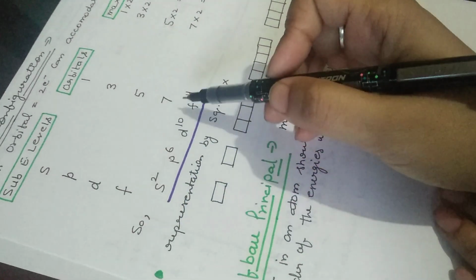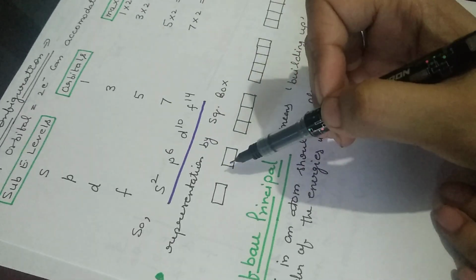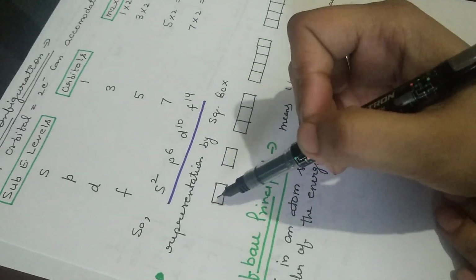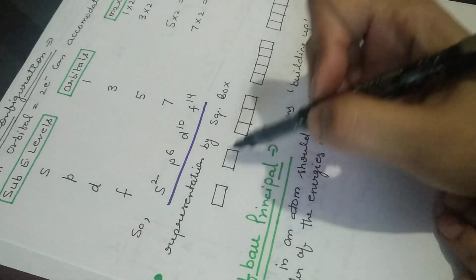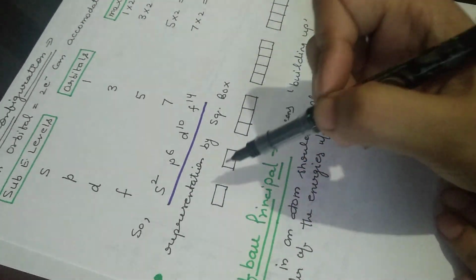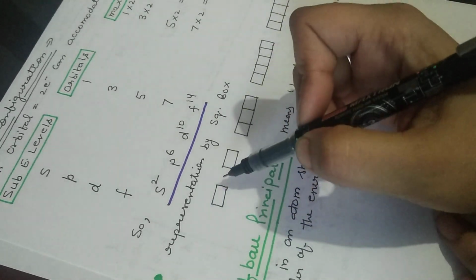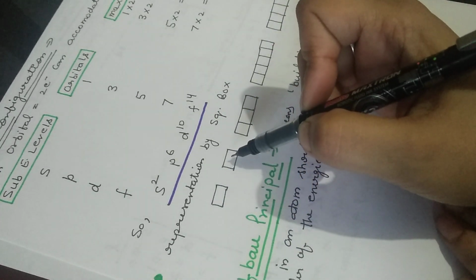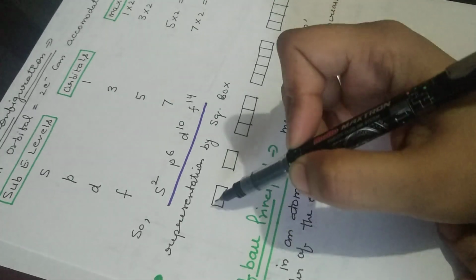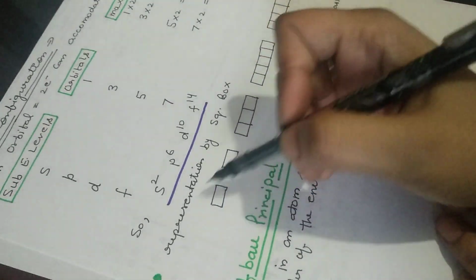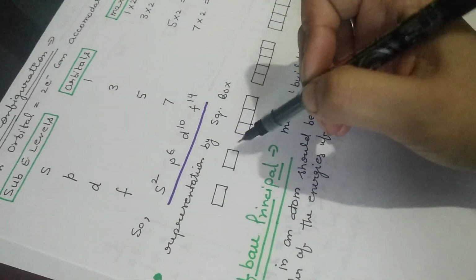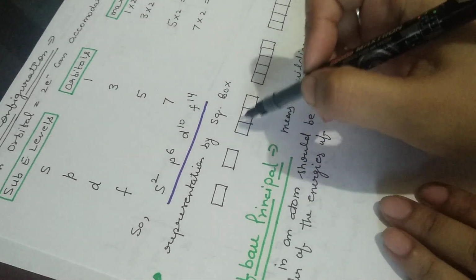Now we represent orbitals by square boxes. These boxes represent the orbitals. Now the gap between the orbitals tells us about the energy difference. It means the energy of the second square box or orbital is greater than that of the first one. And here there are 3 orbitals, but there is no gap in between.